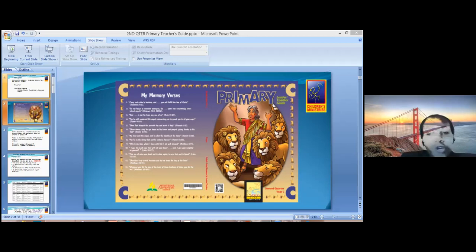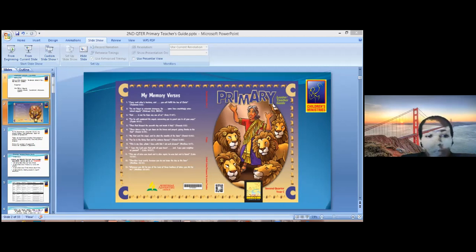Then the next month, starting from April 30th, the whole of May, is going to be about worship. All the lessons therein are about worship. For example, the first lesson is about Sabbath, and the message says, I worship God when I enjoy his weekly gift of Sabbath. So all the lessons in May are going to be about worship. We're teaching our children about the point of worship in their lives and how important it is.